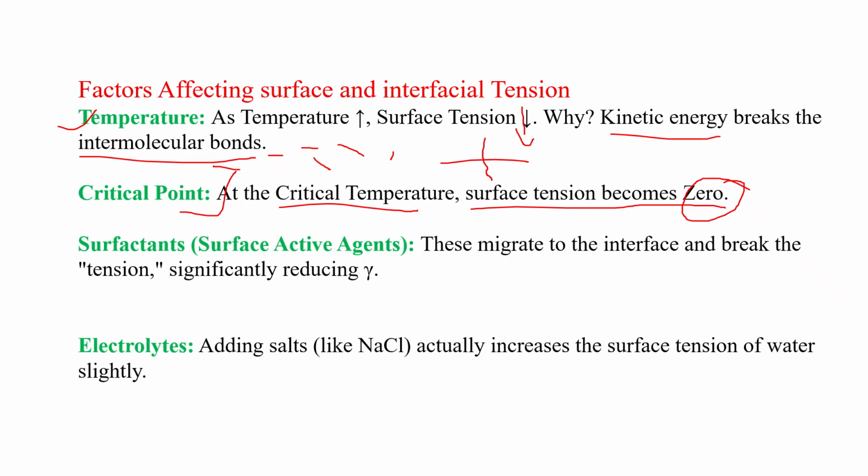Now we'll discuss surface active agents. If a surface active agent accumulates, it will break the tension, significantly reducing the surface tension. Okay, so a surface active agent always reduces the surface tension. You have to remember electrolytes.